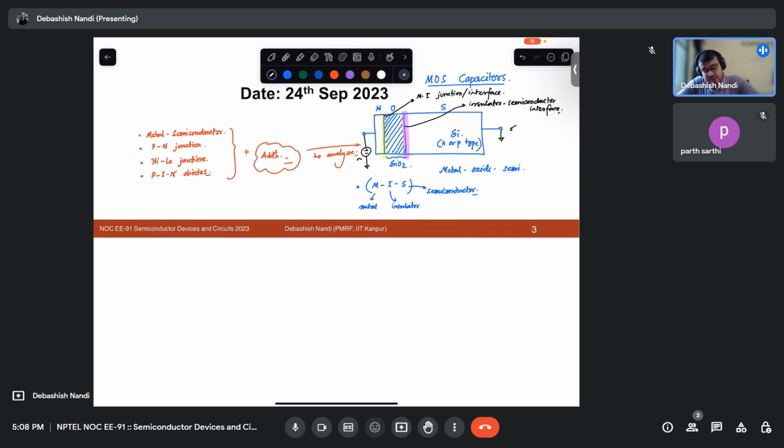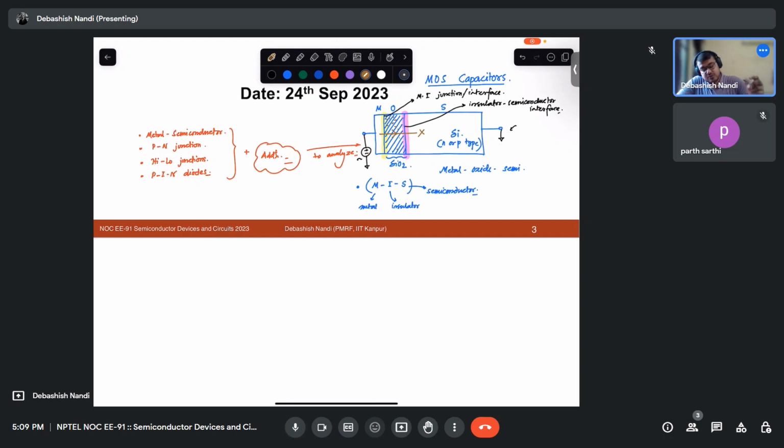As you can see, this region is your insulator region, so the current flowing would be zero. We will assume it is an ideal insulator, so it does not conduct.